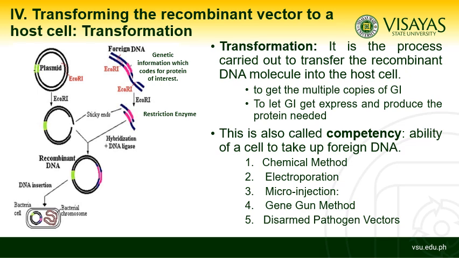Again, first is we want to have a lot of copies of our DNA or of our gene of interest. The second one is we want that gene of interest to be expressed or produce the protein that is needed by us. Or maybe we just want to know the function of the DNA or the gene of interest, then you can use that one.